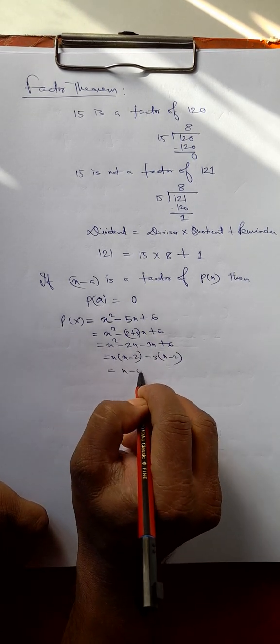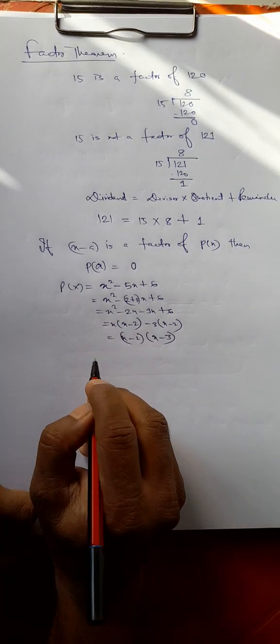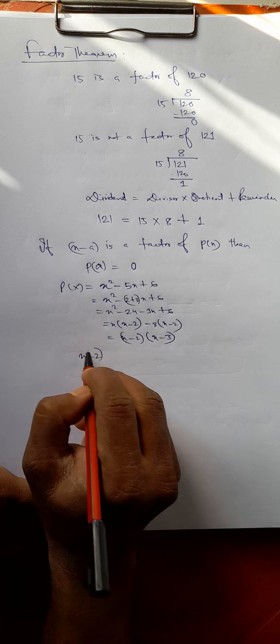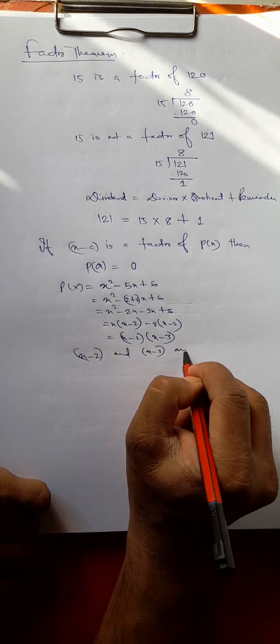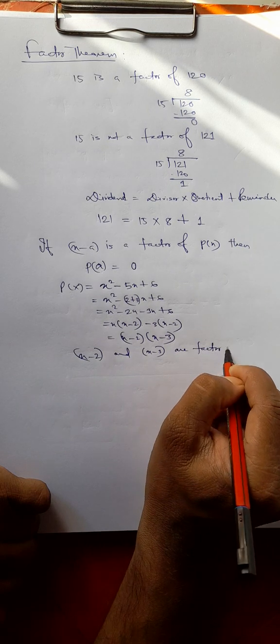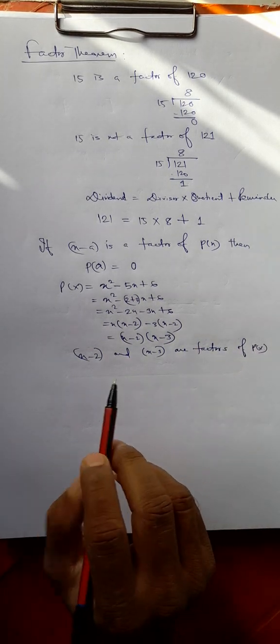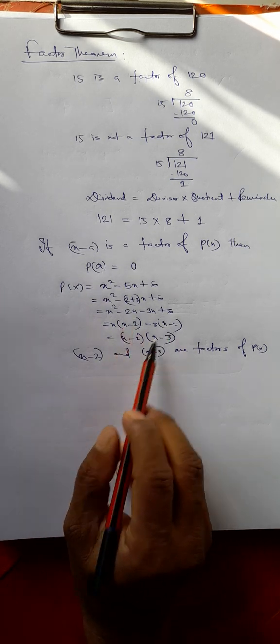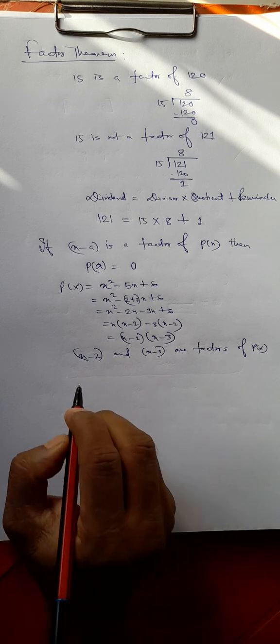That means x minus 2 into x minus 3. Now you see, x minus 2 and x minus 3 are factors of this polynomial p(x), right?